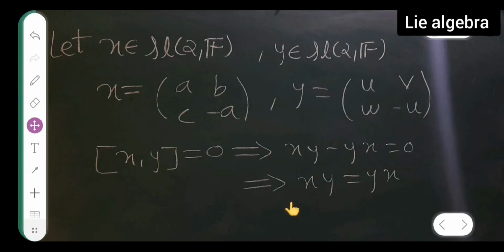Now this implies XY is equal to YX. If I take YX to this side, it becomes positive, right? That's what I have done here. Next I'll turn the page.